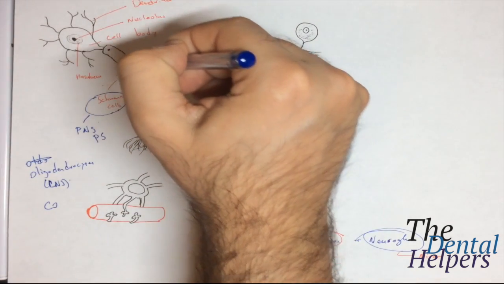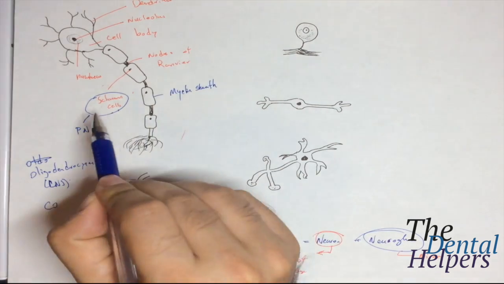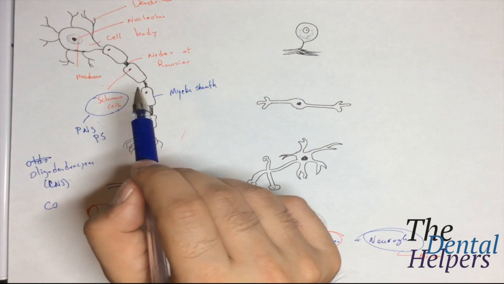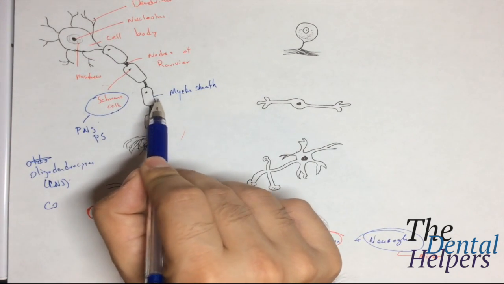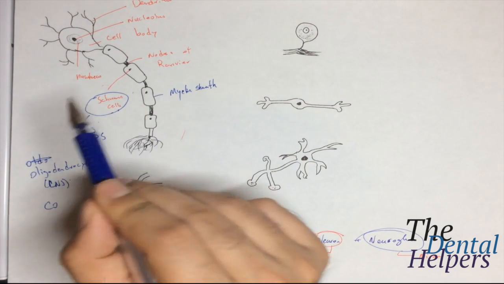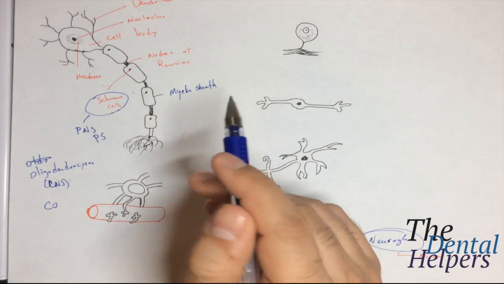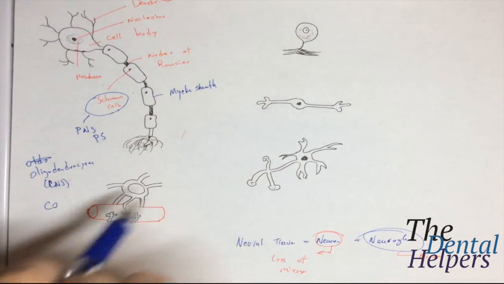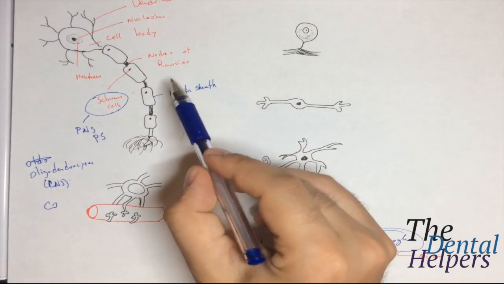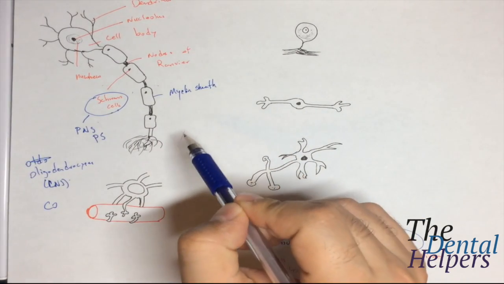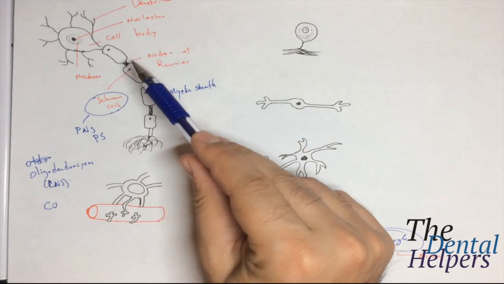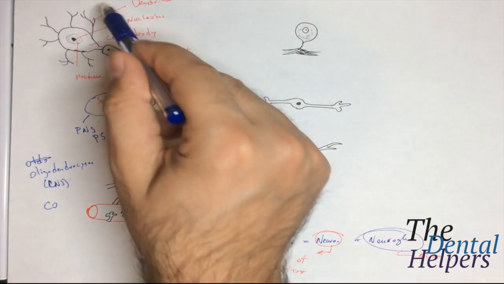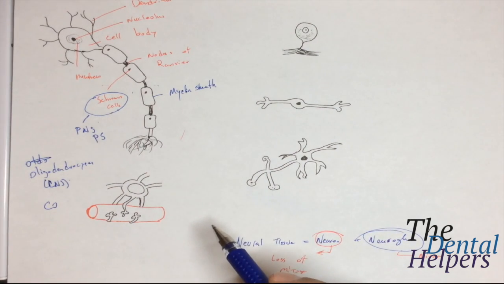So as the axon passes through here, we have these concentric myelin sheaths that are basically like sheets of fat that are wrapping around themselves. If you think of electric tape when you're wrapping it around the wire, it's kind of like the same thing. This is going to wrap around several times, and this is going to allow for higher conductance and a greater speed for the potential to go from the dendrite all the way to the axon terminal.